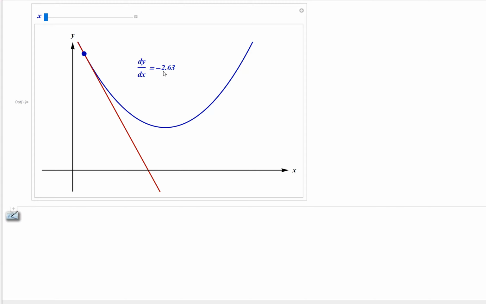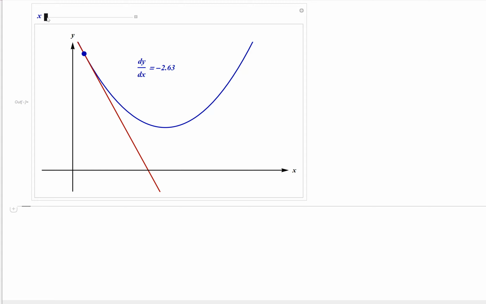Also, right here is the actual numerical value of the derivative of this function at that point. And so we can see it's a negative slope. The slope of the tangent line at that point is negative, approximately negative 2.63.